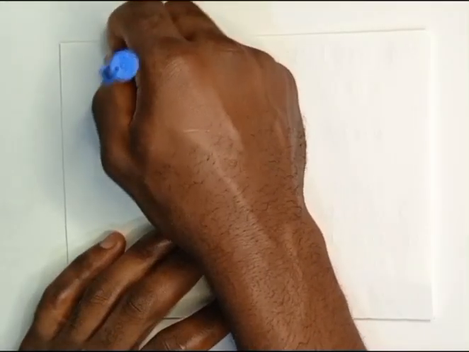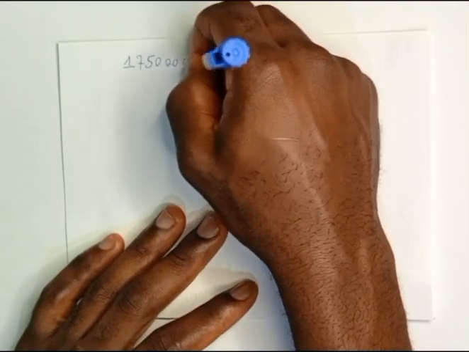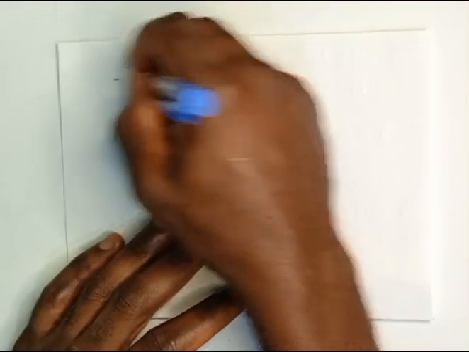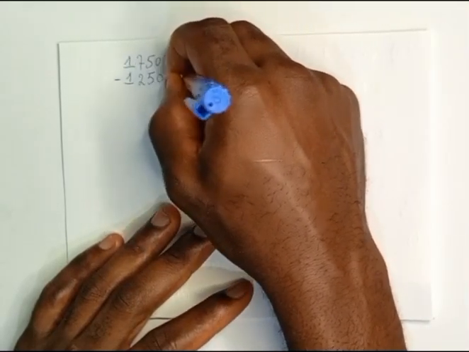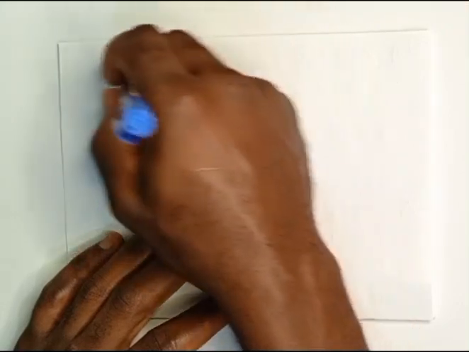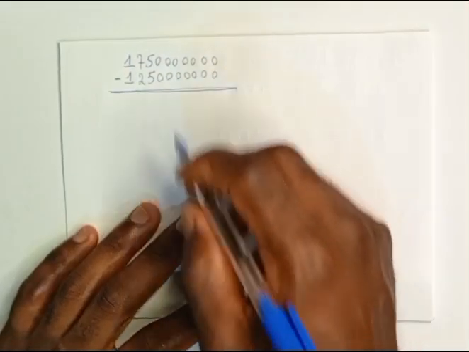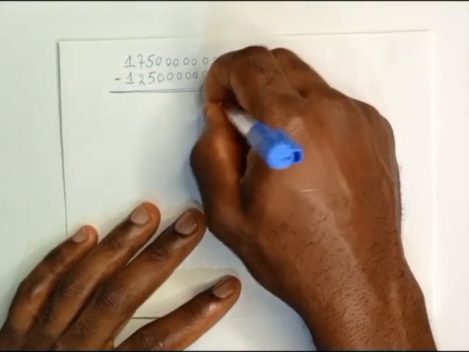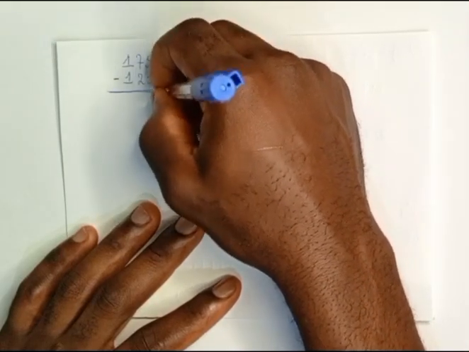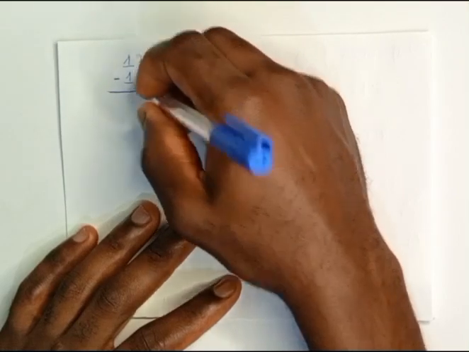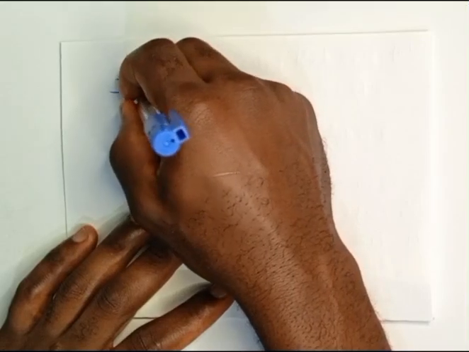Let's perform the subtraction. 1,750,000,000 minus 1,250,000,000. 0 minus 0 remains 0, 0, 0, 0, 0, 0, 0. 5 minus 5 gives us 0. 7 minus 2 gives us 5.